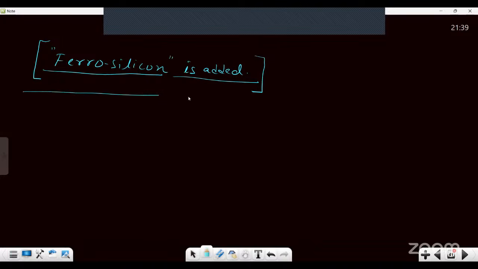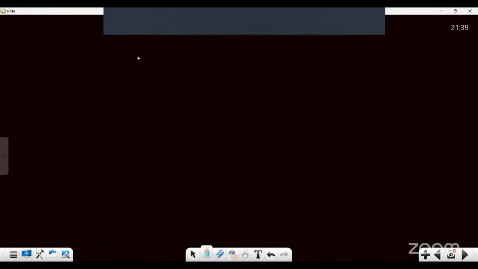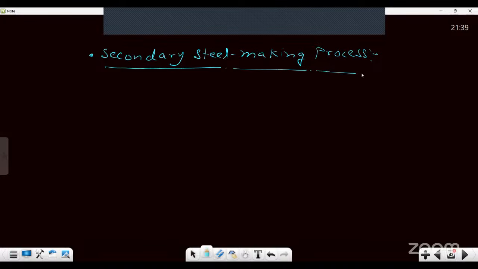Now we will start our secondary steel making process. Secondary steel making is also very, very important. It is sometimes also called ladle metallurgy.